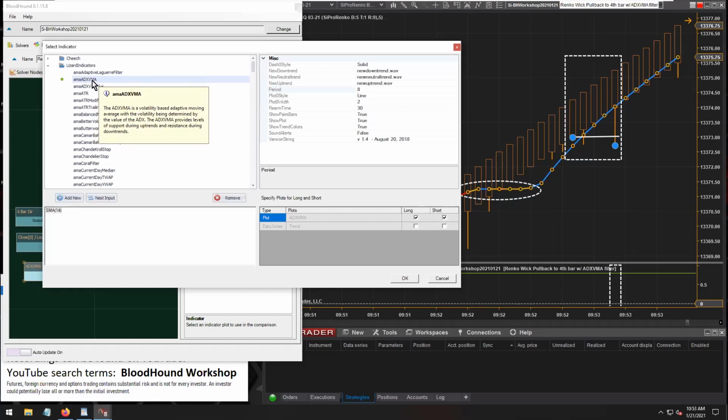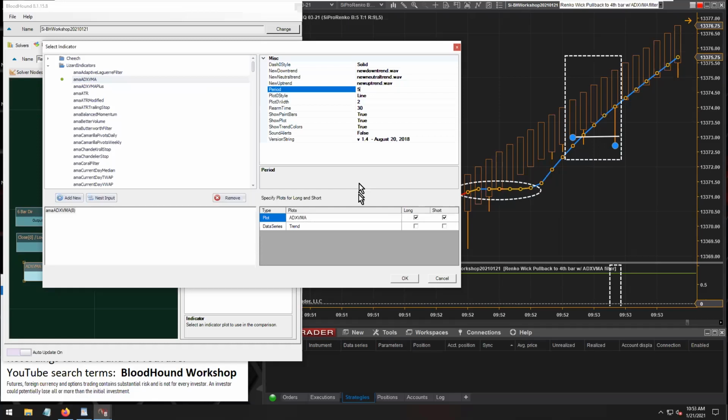So let's select that. And the period, as mentioned, I adjusted it to a 5 period based on Randall's suggestions with his rules. You'll notice that there's a plot called the ADX VMA, and that's the plot we see on the chart.